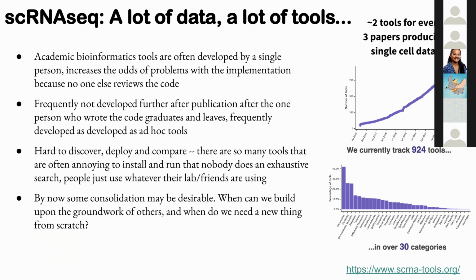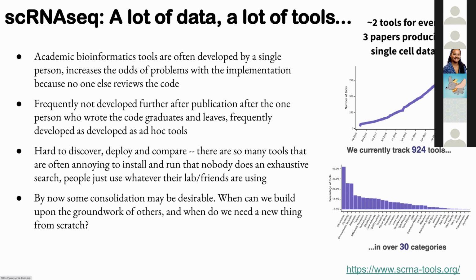And it's good, but it also causes a lot of confusion because it's really hard to navigate all the tools that are out there. There's this website, Single Cell RNA Tools, that tracks the tools that are being put out with papers or just as GitHub repos. And if you do the math, every three papers get 2 tools.